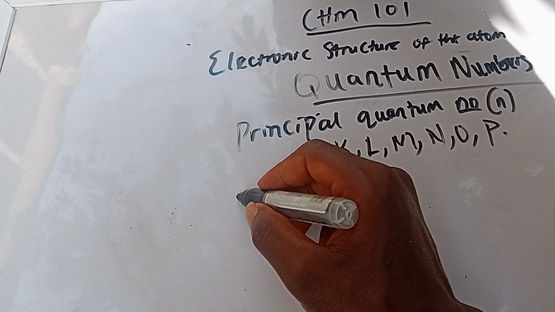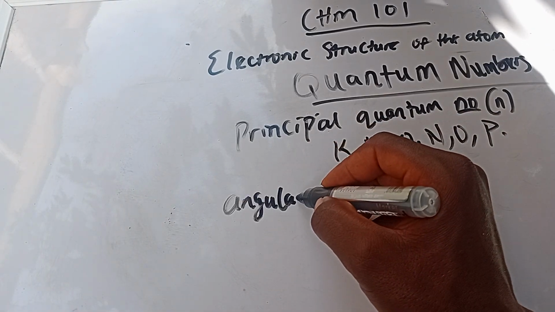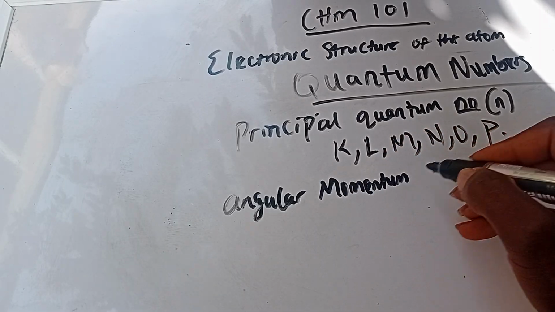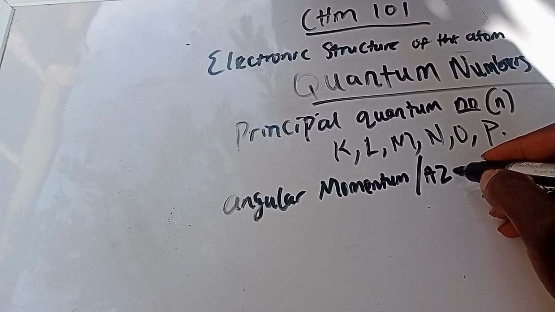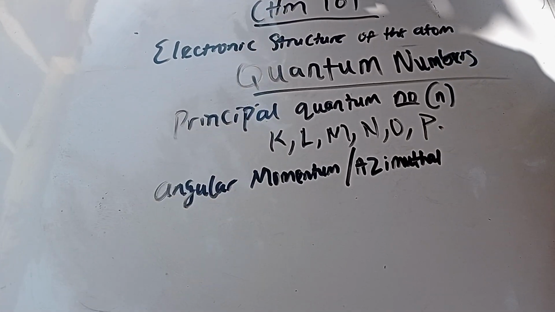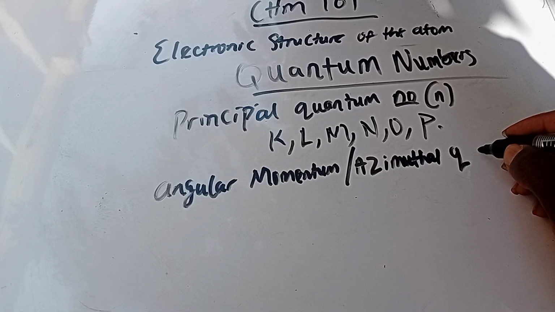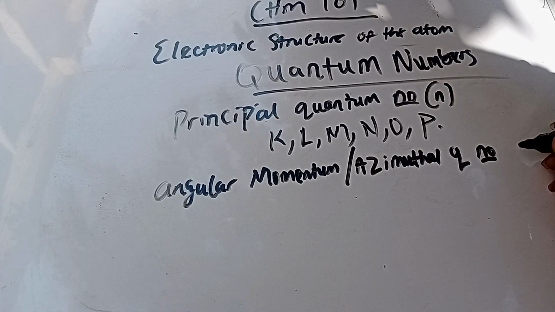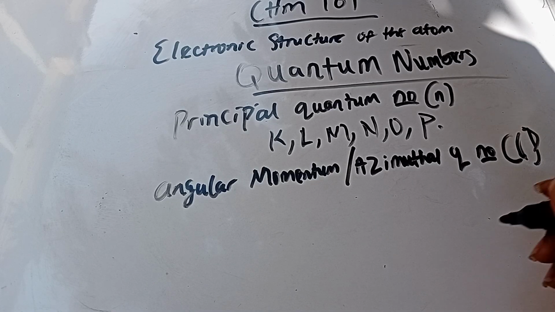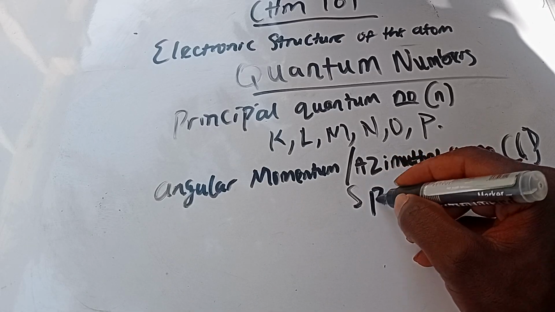Then we have the angular momentum quantum number, which is also known as the azimuthal quantum number. I think, sorry, I'm trying to remember. The symbol is l. This one is talking about subshells: s, p, d, f.